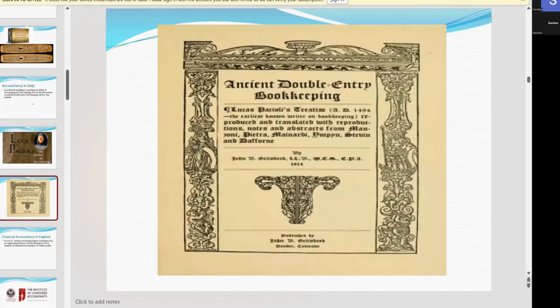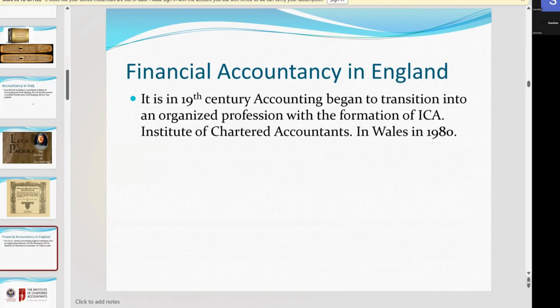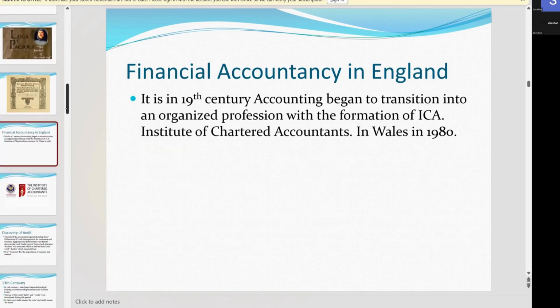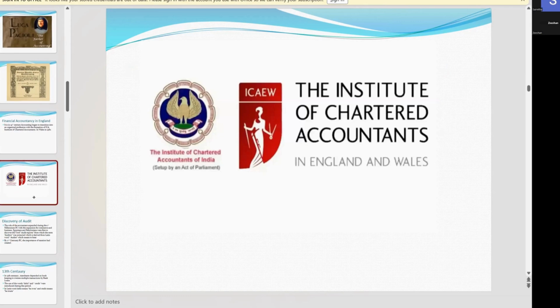This is how the book looks. By the 19th century, England started an official chartered accountant group, called the Institute of Chartered Accountants, started in Wales. This is the symbol, how it looks.